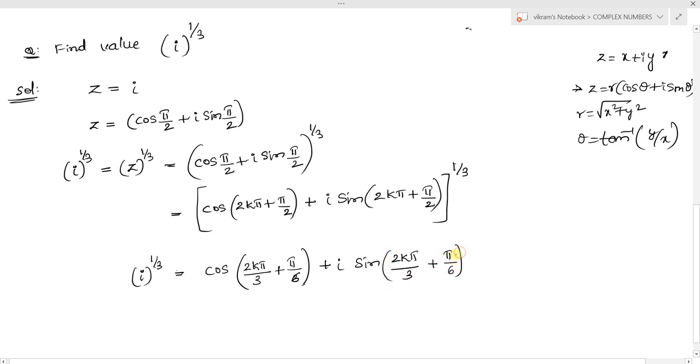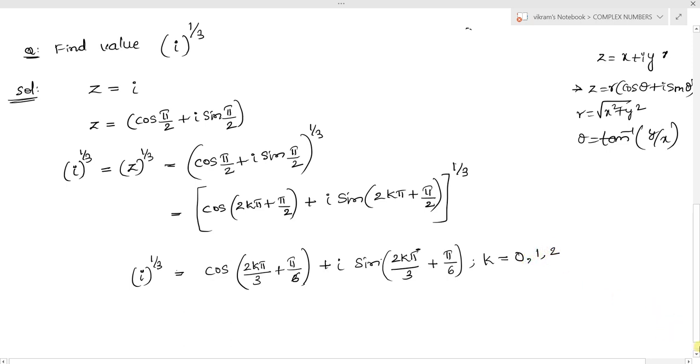This is our required i power 1 by 3, and the k values have to be taken as 0 to n minus 1. n is equal to 3 here, that means 0, 1 and 2.